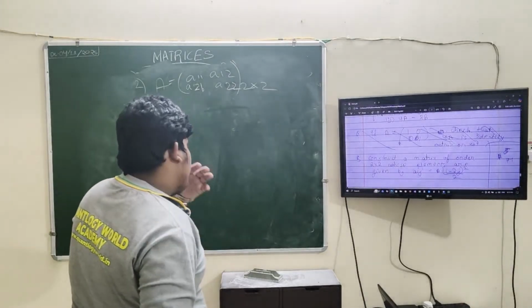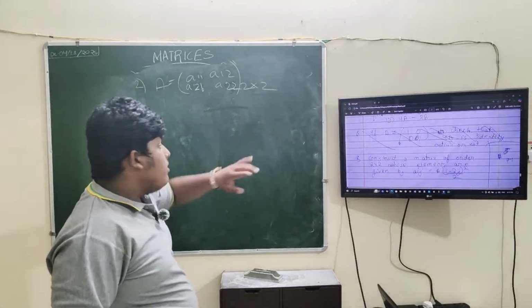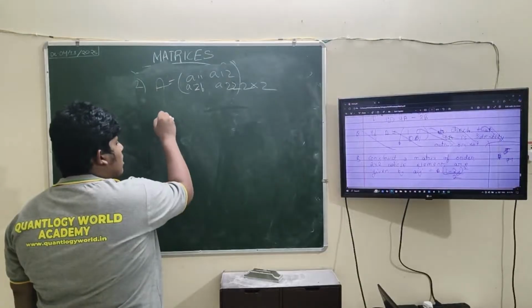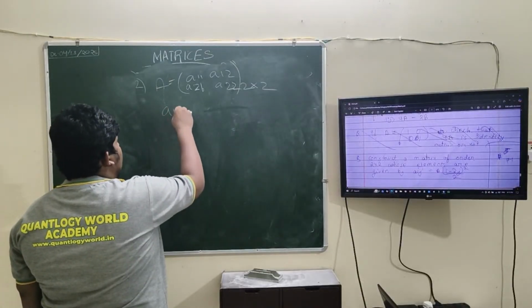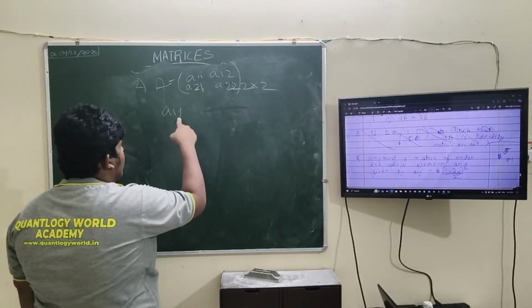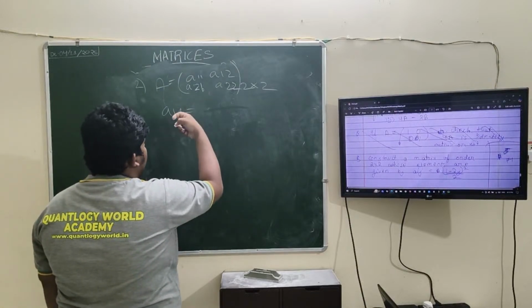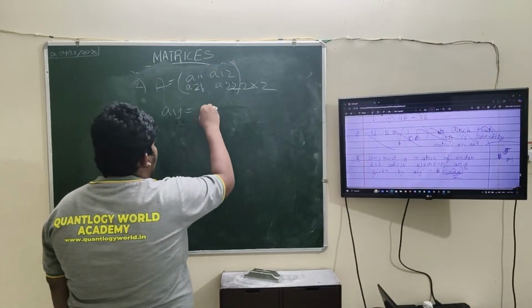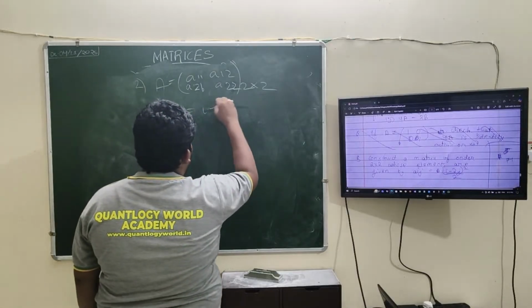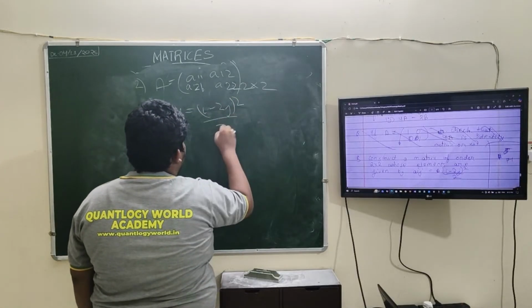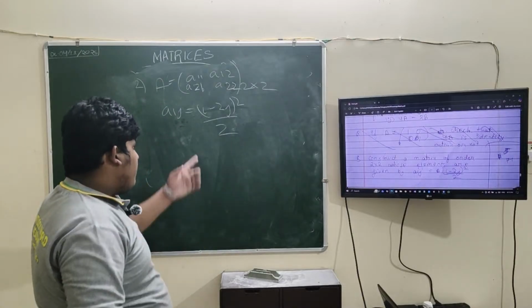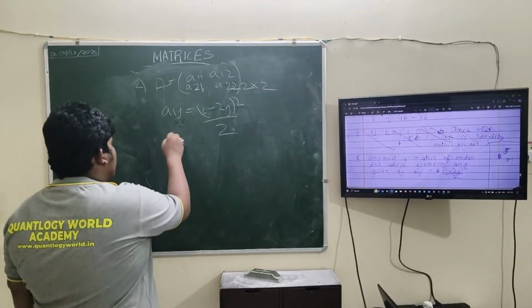The formula of the elements is also given in the question, which is Aij. I represents the row and J represents the column, as I have said before. And the formula of Aij is (i minus 2j) whole square divided by 2. So we will find all the elements.